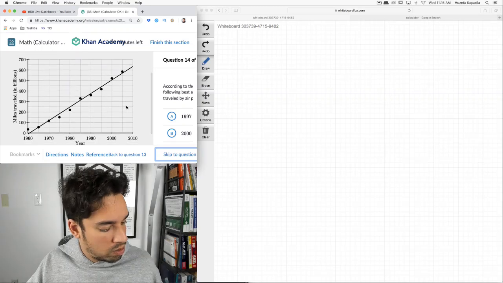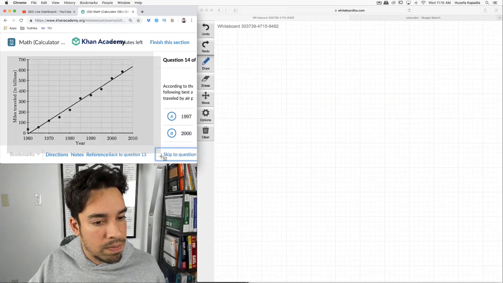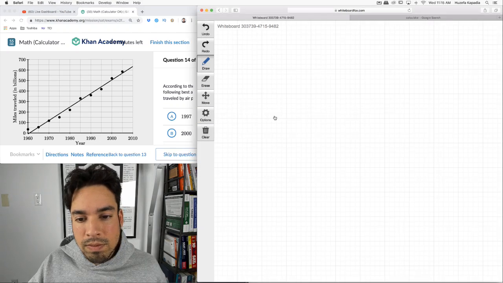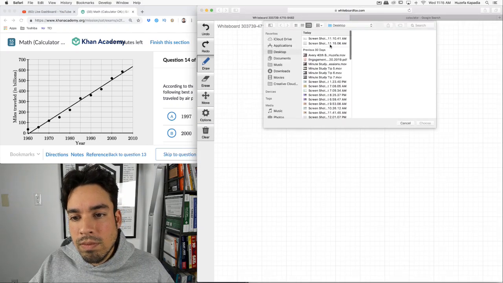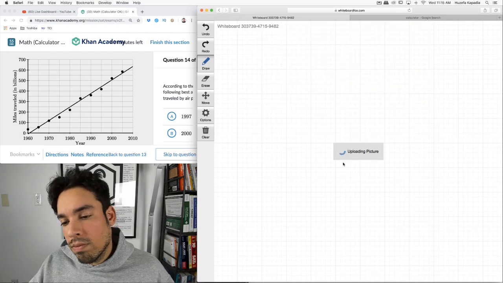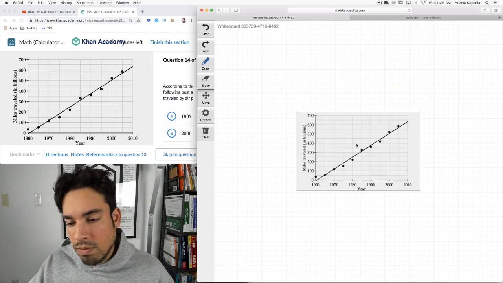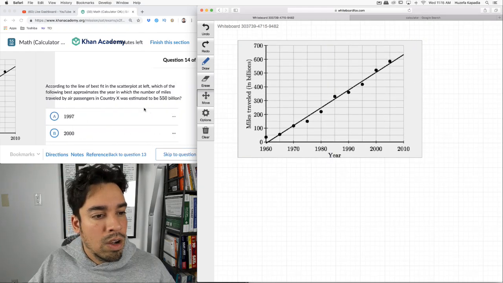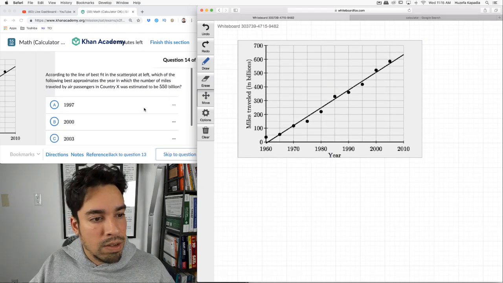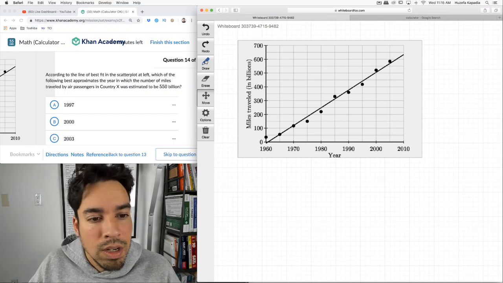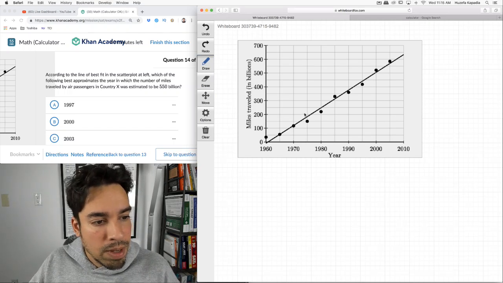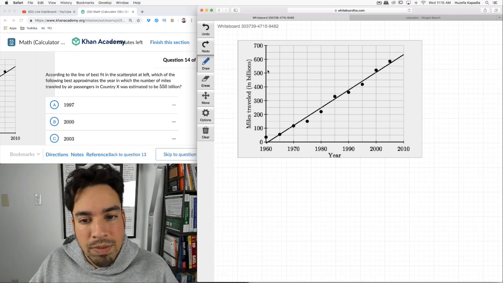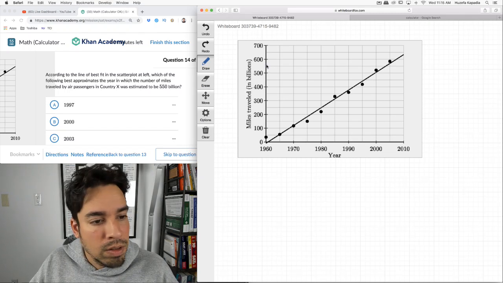Okay. I should take a screenshot of this. According to the line of best fit in the scatter plot on the left, which of the following best approximates the year in which the number of miles traveled by air passengers in country X was determined to be 550 billion?